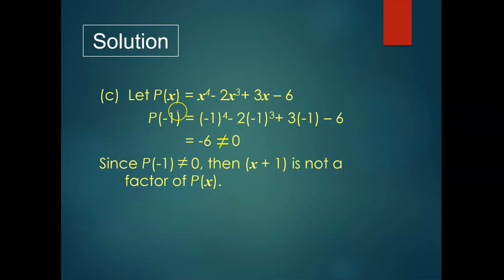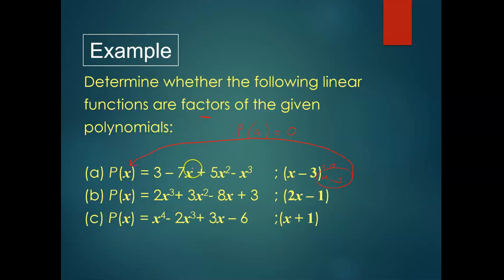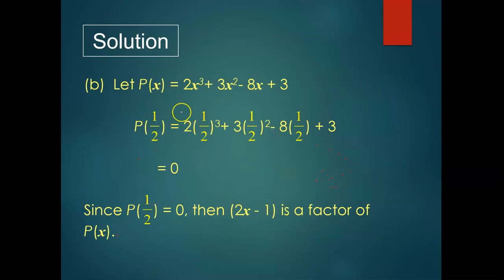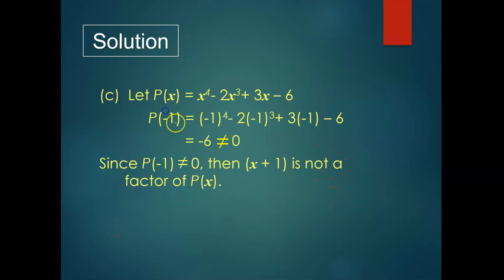Same thing. Second one. And the third one just now is x + 1. So we substitute the linear term that you want to test, x + 1 equals 0, so x equals negative 1. Then we substitute into P(x), and you get negative 6. So that means x + 1 is not a factor of P(x).